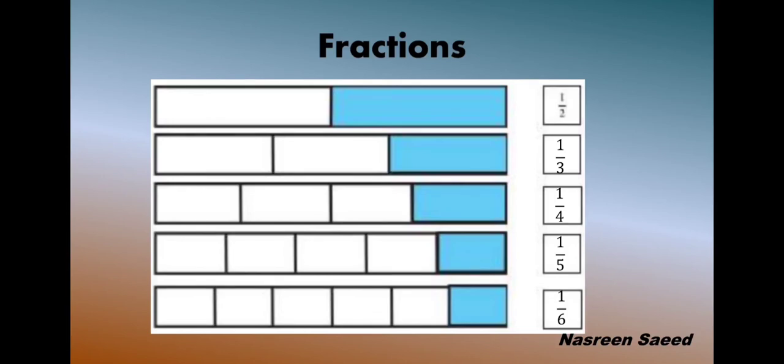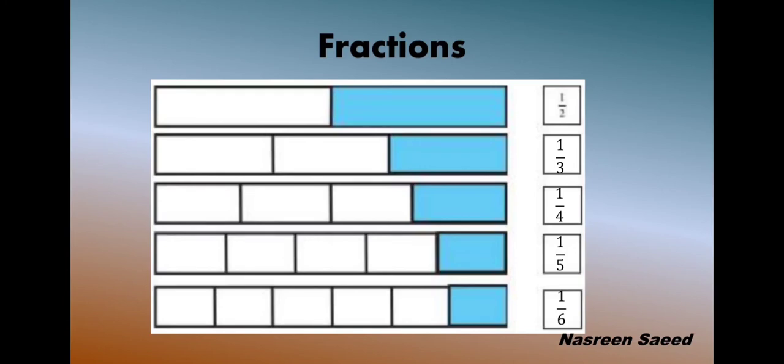Now what difference do you see? All the strips are of equal length, सब एक size है. But what is the difference? Yes, as you go on increasing the number of divisions, जितने parts ज़्यादा बढ़ाओगे, the colored part becomes smaller and smaller. My 1 upon 2 is big compared to my 1 upon 6, where the colored portion is very small.